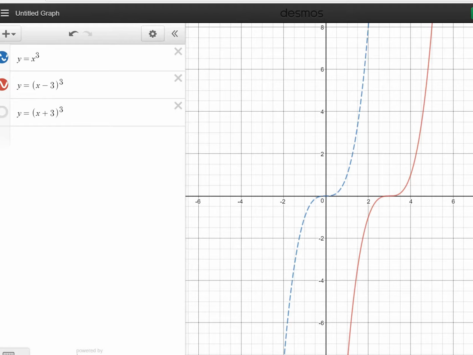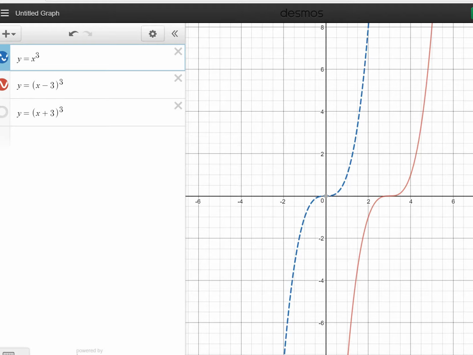But what we have to be aware of is that when we substitute in x equals 3, that gives us y equals 0. So we get the coordinate point 3, 0. This is our point 0, 0 from our original graph that has moved across 1, 2, 3 places to the right.